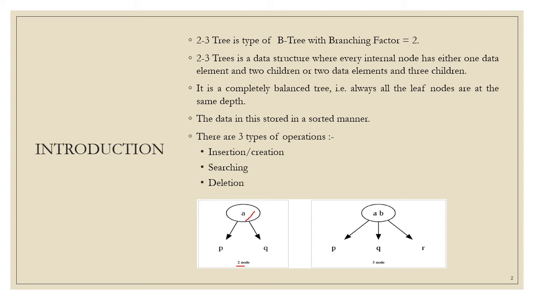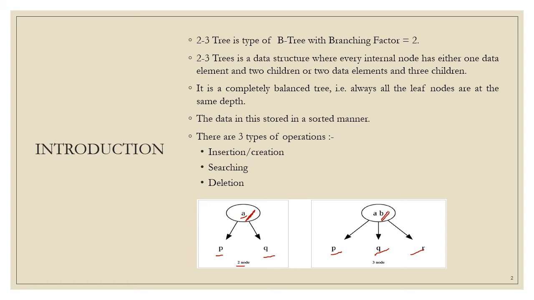The internal nodes can have either one element or two elements. The node having a single element has two children, and the node having two elements has three children.